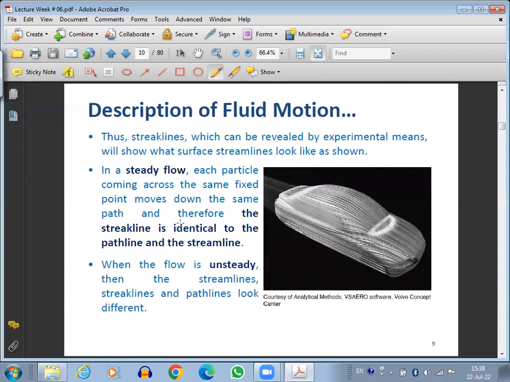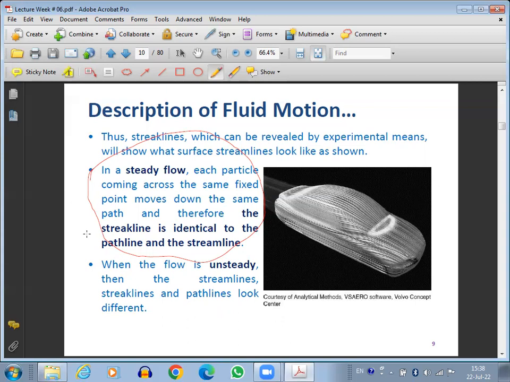This point is important, which I'm highlighting. In a steady flow, each particle coming across the same fixed point moves down the same path, and therefore the streak line is identical to the path line and the streamline. All three lines are the same when the flow is steady and smooth.